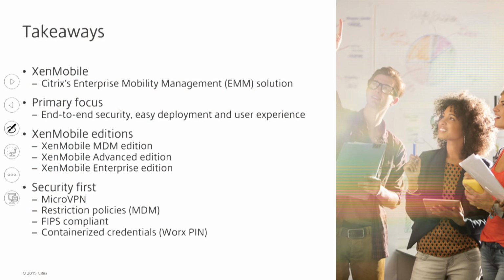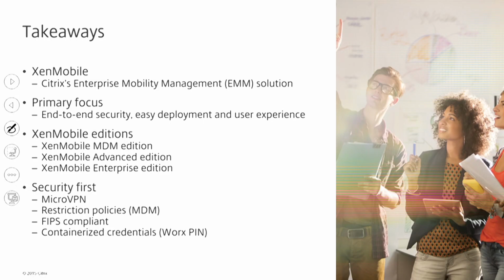Now, some takeaways before we jump into the demo that I just want to remind you about from this presentation. XenMobile is basically Citrix's Enterprise Mobility Management solution. And one of the key areas is obviously security, and the other thing is user experience. Because we want to make sure that not only are you mobile, but you can also work securely and be productive anywhere that you want.